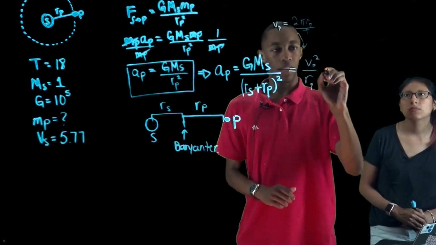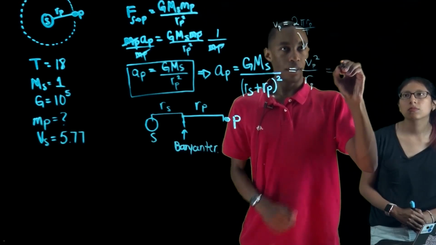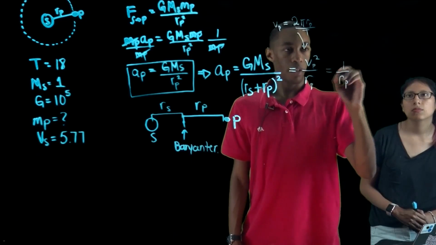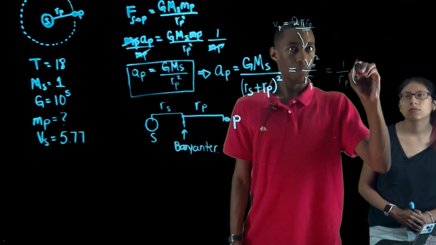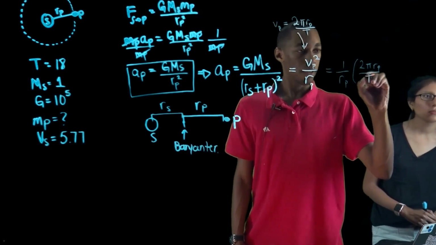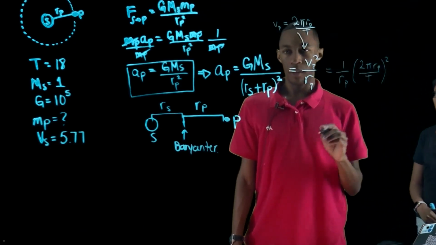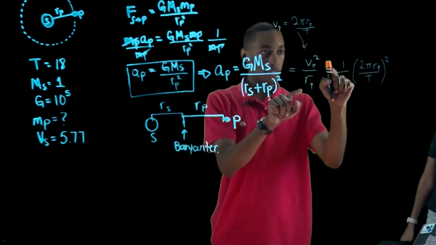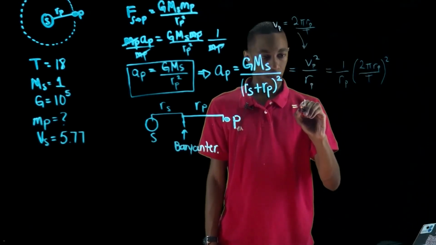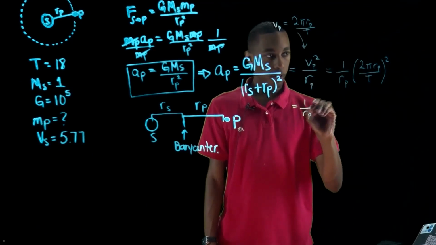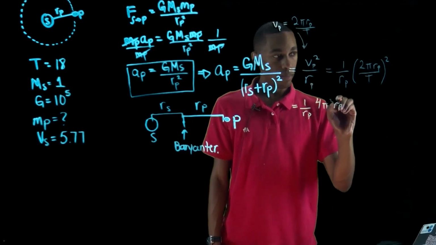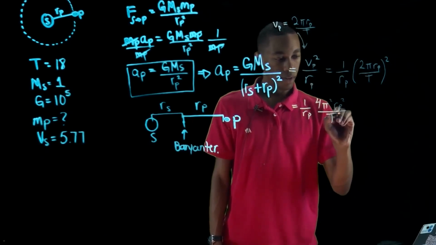So if I plug this in, this equation looks like 1 divided by Rp, I'll pull out the front, times 2 pi Rp over T, everything squared, which I will just carry on to the next line and say that this is equal to 1 over Rp times 4 pi squared Rp squared over T squared.